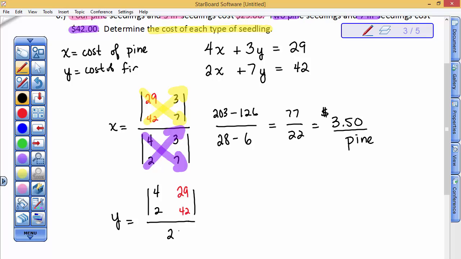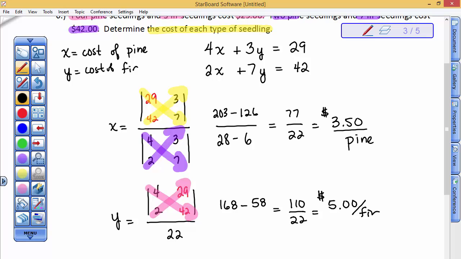Remember, the denominator stays 22. So now 4 times 42 is 168, I believe. And then you subtract 2 times 29, which is 58. And that total is 110. Divide by the 22. And that turns out to be $5 per fir.